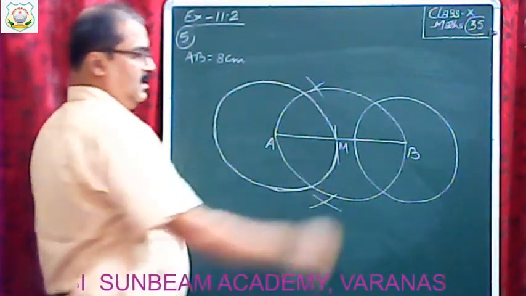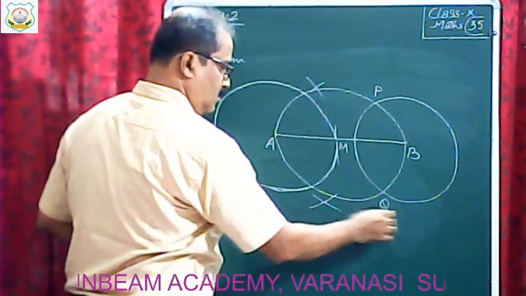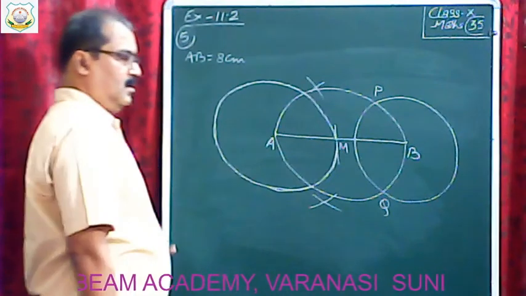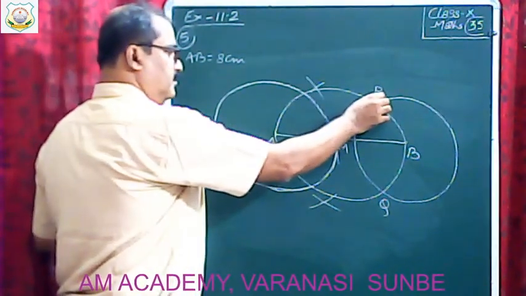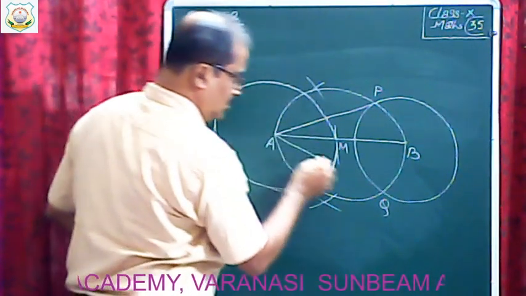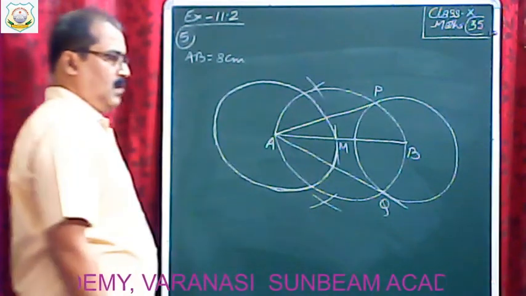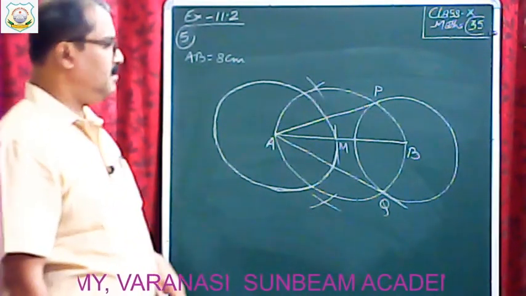Name the points P, Q. Now you join AP, AQ. So one pair of required tangents you get.